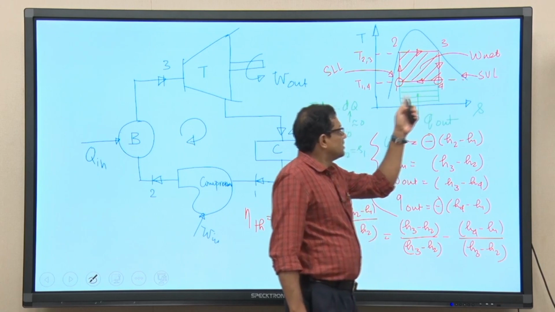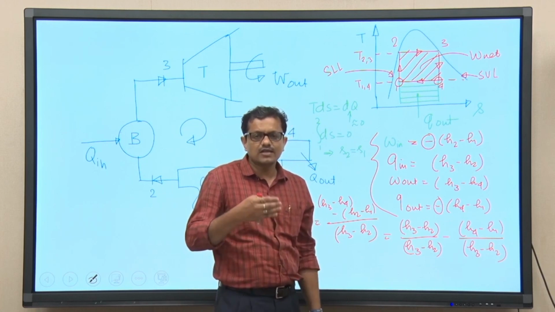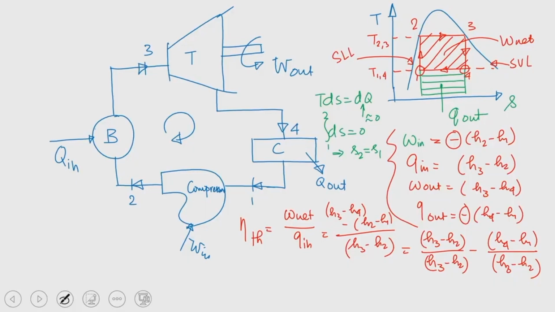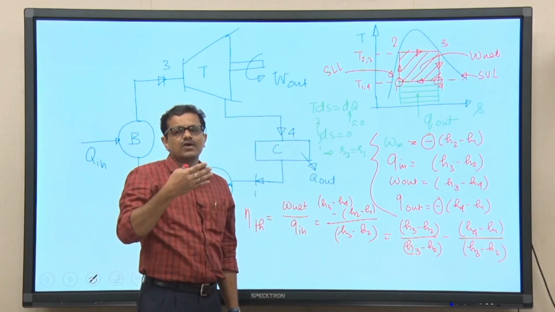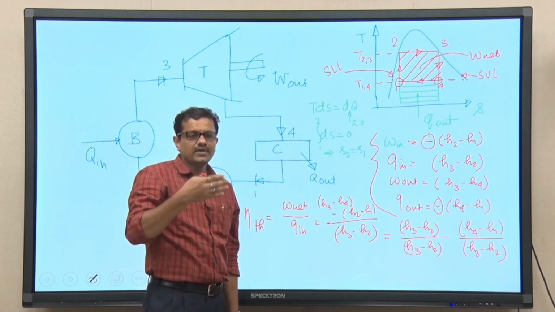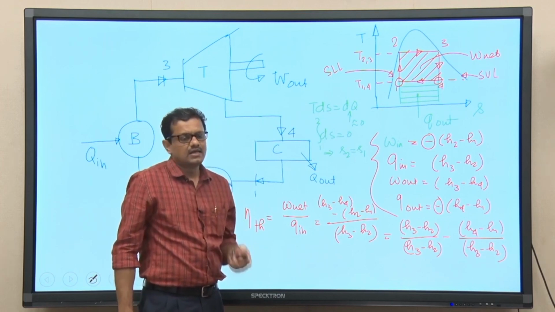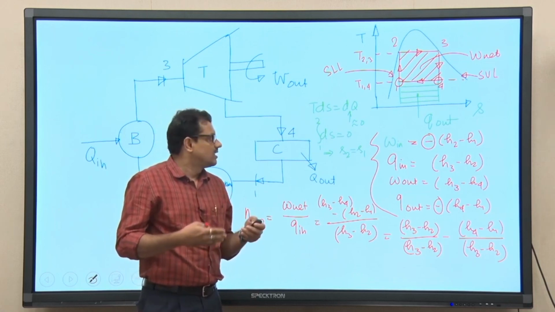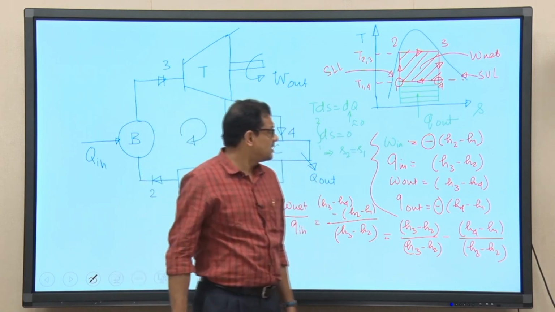Not only that, if we try to circumvent the drawbacks associated with the Carnot cycle, that is, if we can extend the condensation process up to the saturated liquid line, then perhaps the complicated design of a condenser which will allow partial condensation can be eliminated.